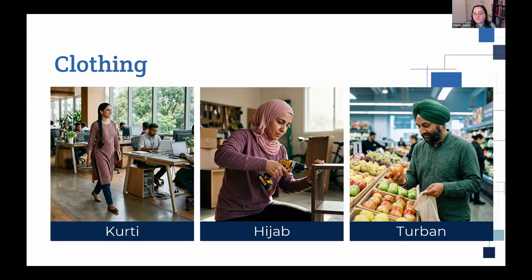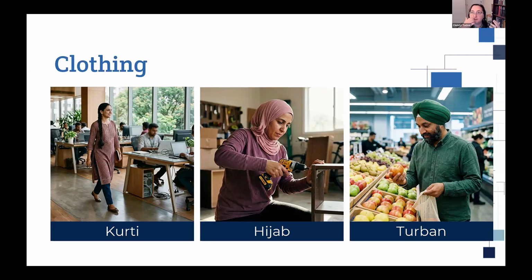And this can be another way to do counter stereotypes, right? If you are thinking of somebody using power tools to build something at home, the person you picture in your head is probably not a woman in a hijab. But we can generate one. And frankly, I think you're going to have a hard time finding that on stock photos, but we can have one now.